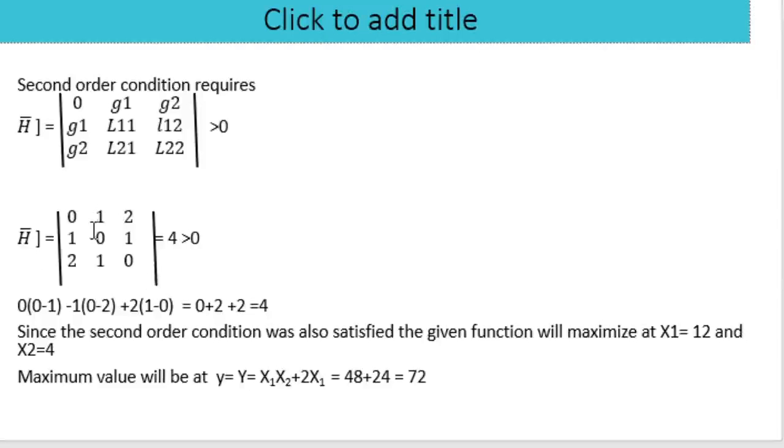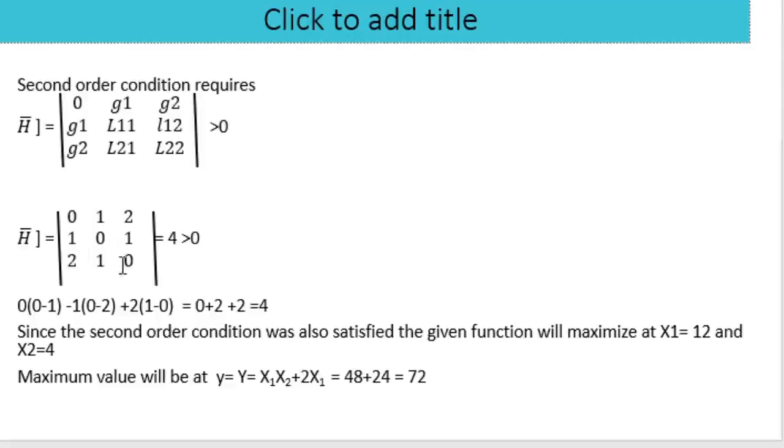Then find the determinant. The determinant can be found as 0 into the remaining portion after this row and column are removed: 0 into 0 minus 1 into 1, that is 0 into minus 1, that is 0. Likewise, with alternating sign, minus 1 into the remaining elements after this row and column are removed: 1 1 2 0.